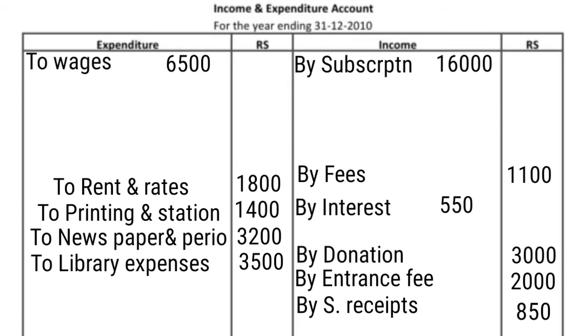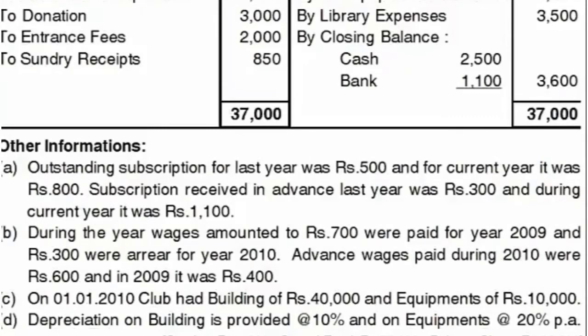Now all the items from the receipt and payment account we have entered. Next we can read the adjustments. The first adjustment is outstanding subscription: for last year it was rupees 500 and for the current year it was rupees 800. Subscription received in advance last year was rupees 300 and during the current year it was 1,100.